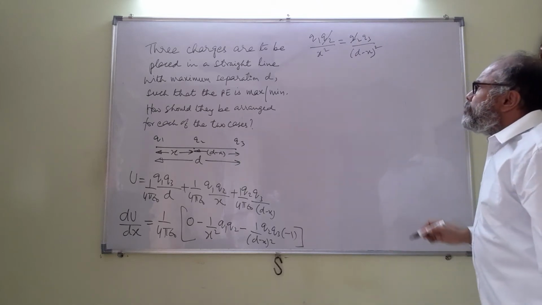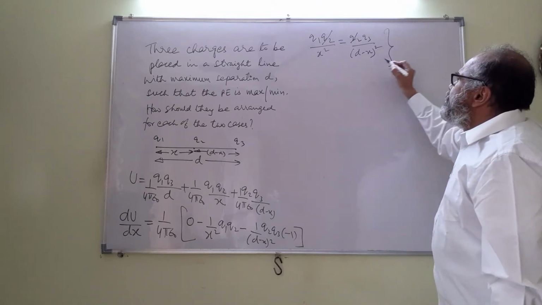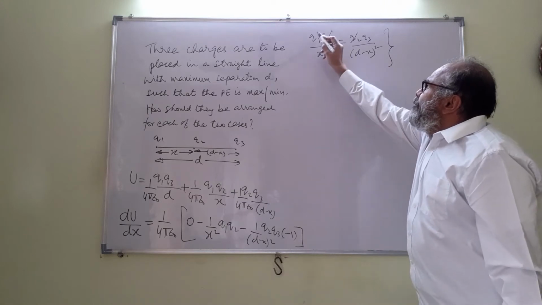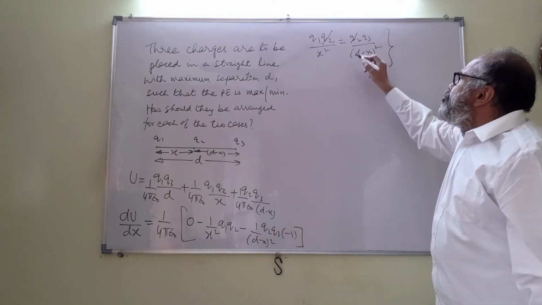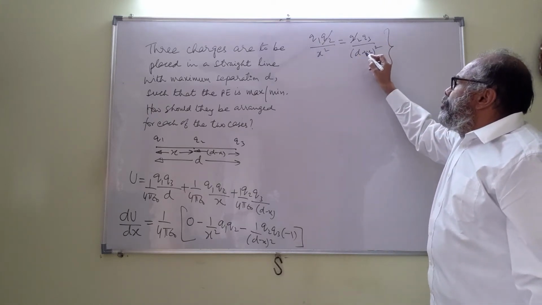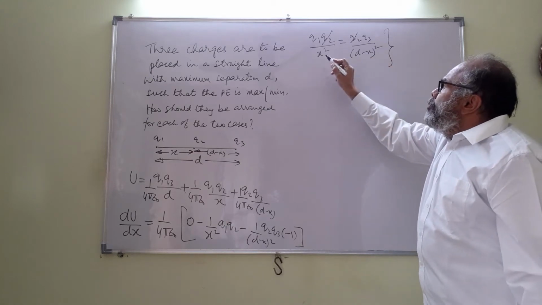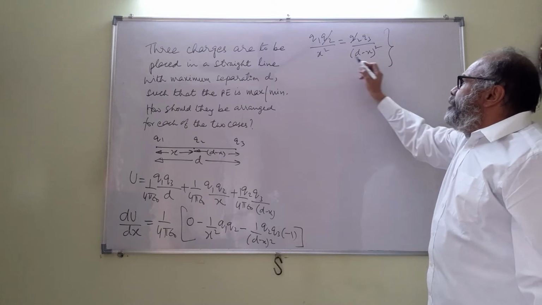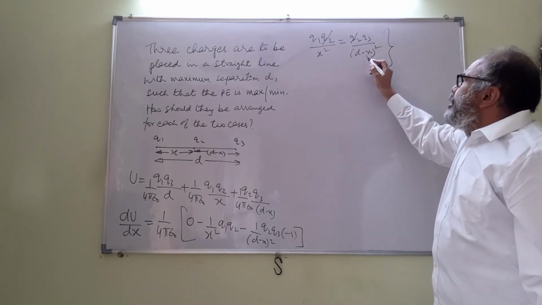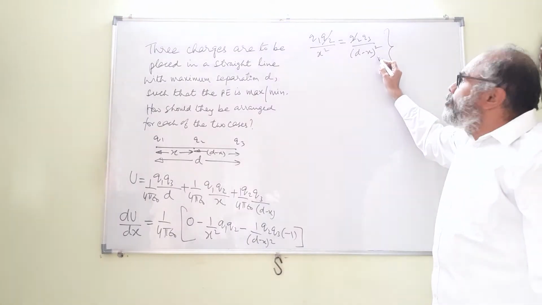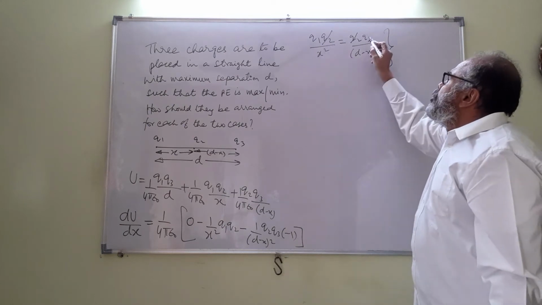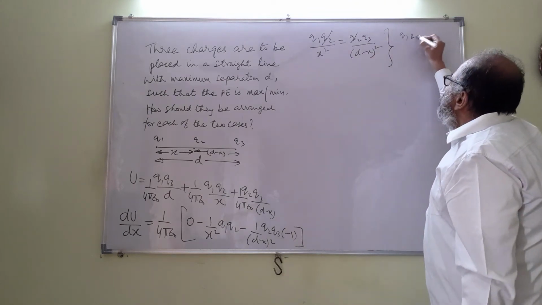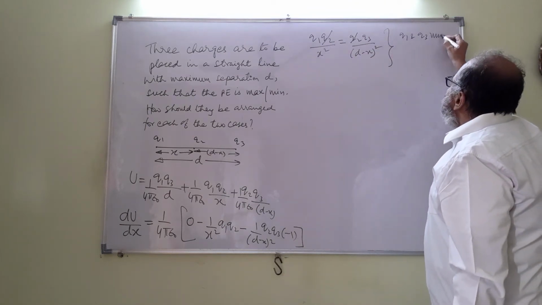Now the first condition we get here is that if the left hand side is positive, the right hand side should also be positive, and if the left hand side is negative, the right hand side should also be negative. Now x squared is a positive quantity, d minus x the whole squared is a positive quantity. Therefore Q1 and Q3 must have the same sign.